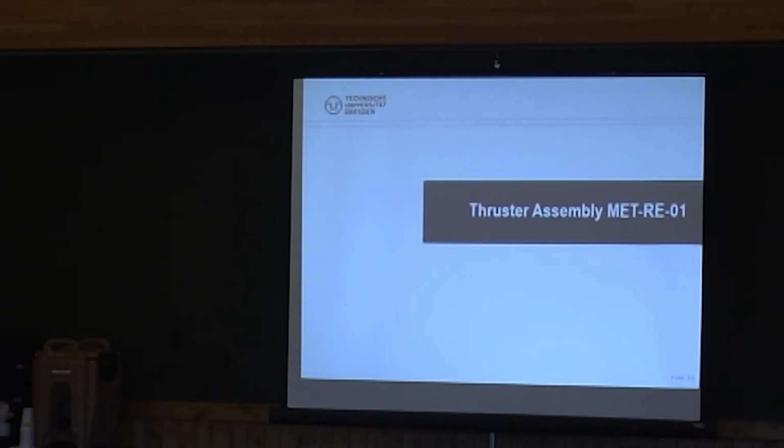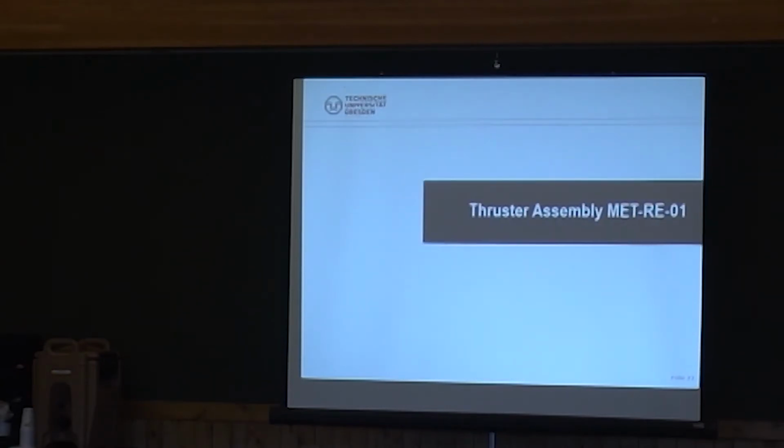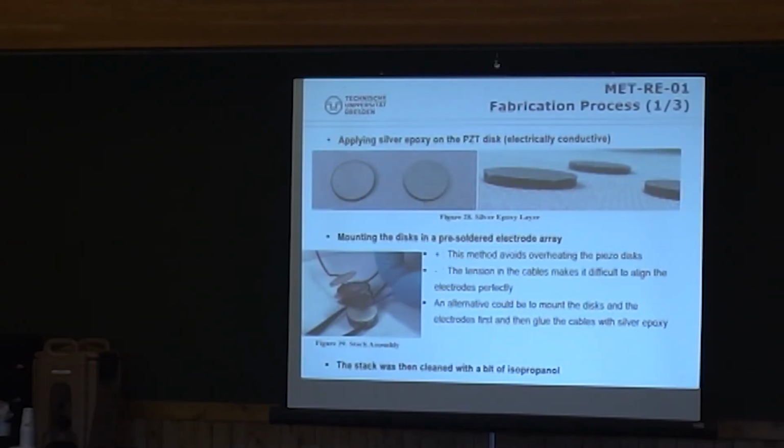So how is our thruster different from Professor Woodward's? We also had different peaks in our impedance spectrum, so let's see how it differs. What we did was apply silver epoxy to increase the conduction between the individual piezo discs.